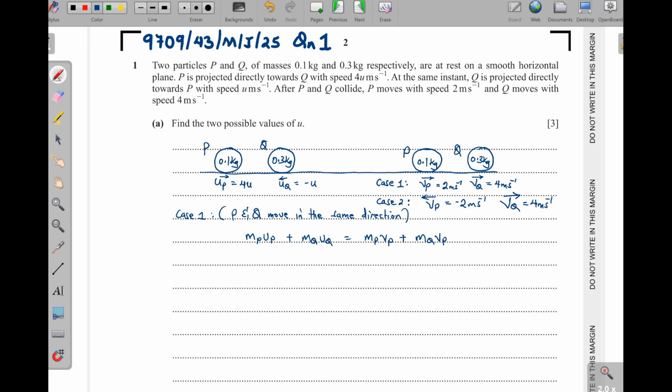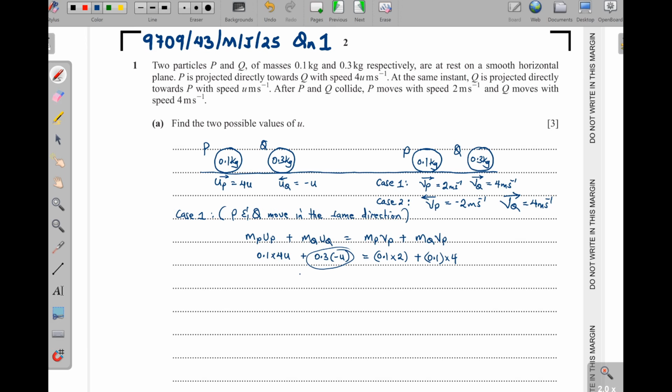Here we shall have 0.1 times 4U, plus 0.3 times negative U, because it is moving in the opposite direction. On the other side, the mass of P is 0.1 times 2, and then 0.1 times 4.